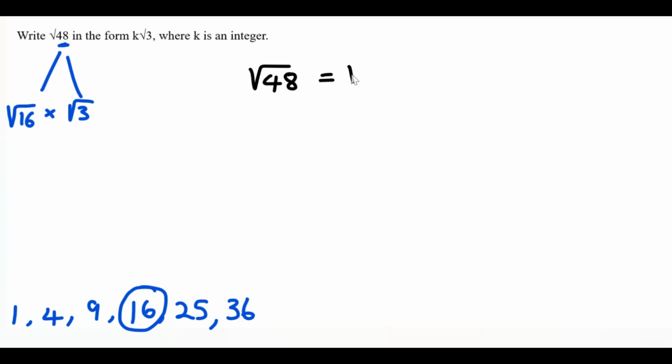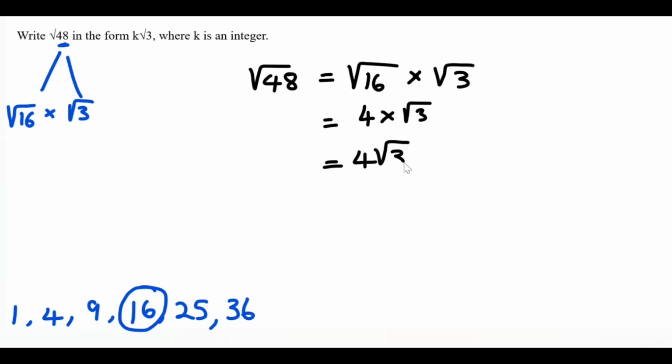Again, root 48 can be written as root 16 times root 3. When doing this, we are able to simplify the square number and multiply it by the surd, which in this scenario would give us 4 times root 3, which just equals 4 root 3. And the value of k is 4.